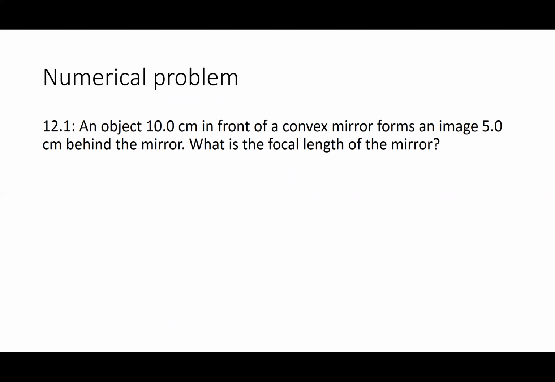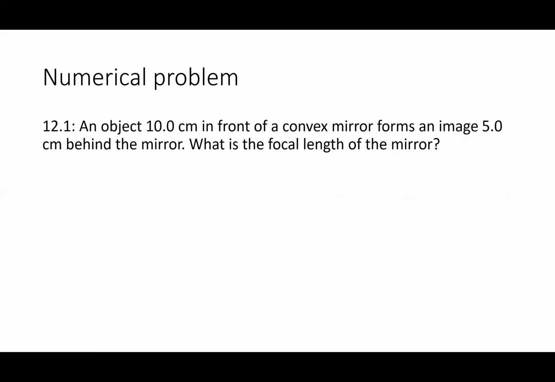Now, we will do some of the numericals, not all. We will discuss some here and you will do the rest by yourself. I will provide you the solution. An object 10 centimeter in front of a convex mirror forms an image 5 centimeter behind the mirror.